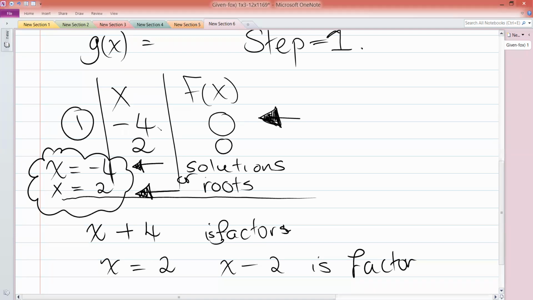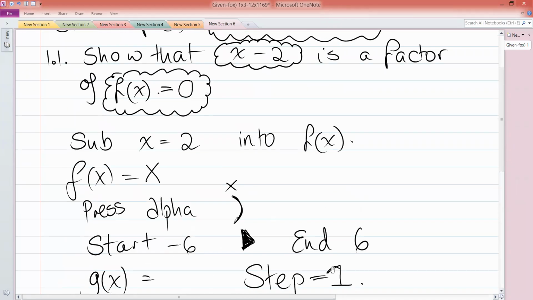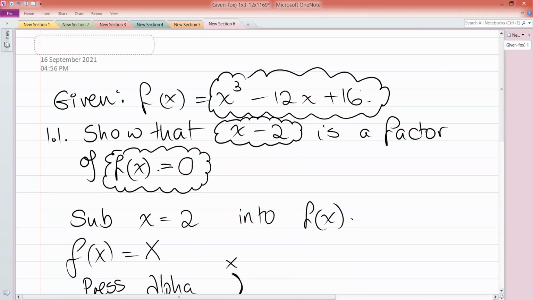Would you always start at negative 6 and end at 6? No. Remember, the factor theorem says you look at the last value and think about all the factors of positive 16. I just chose a smaller range.